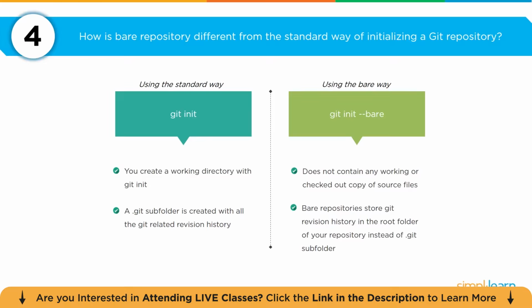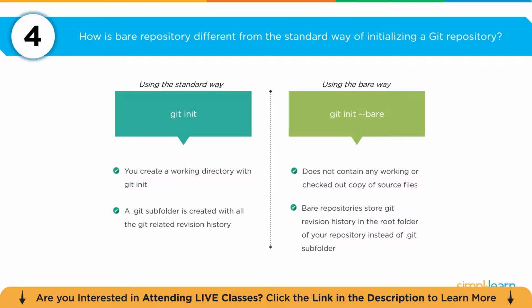One question you may be asked is, what is the difference between a bare repository and a standard way of initializing a Git repository? So let's look through the standard way. The standard way, using git init, allows you to create a working directory, and the folder that creates is the folder that holds all the revision history related to the work that you're doing.